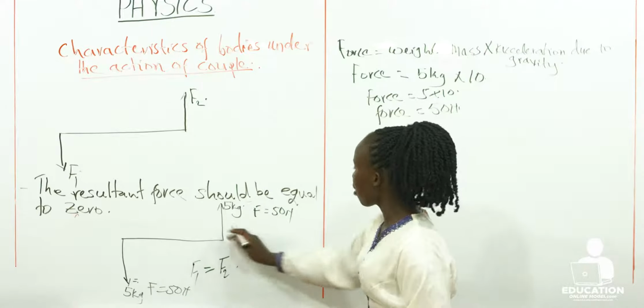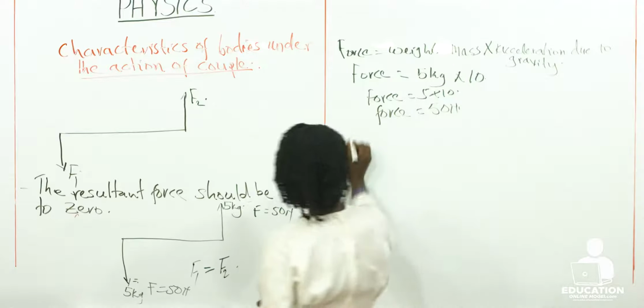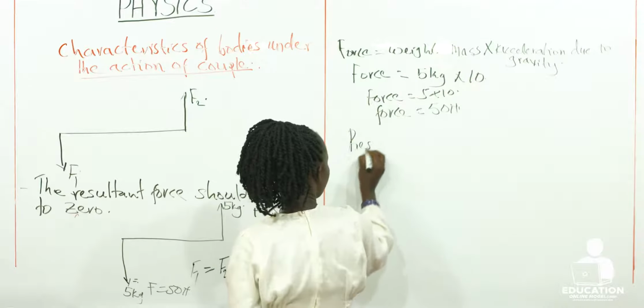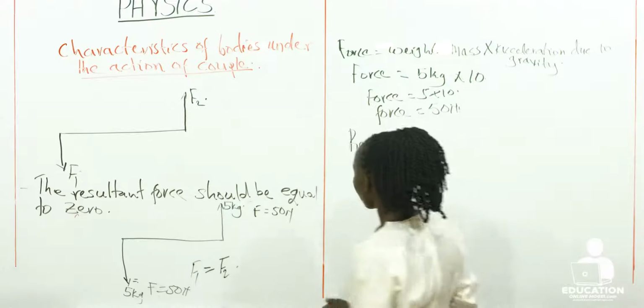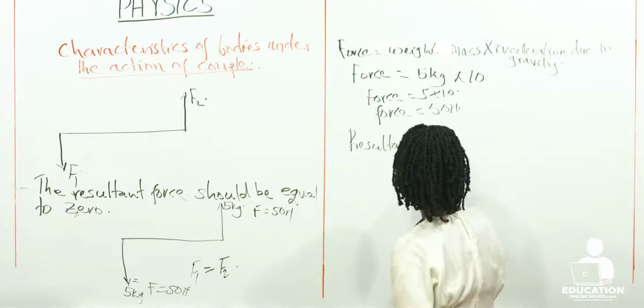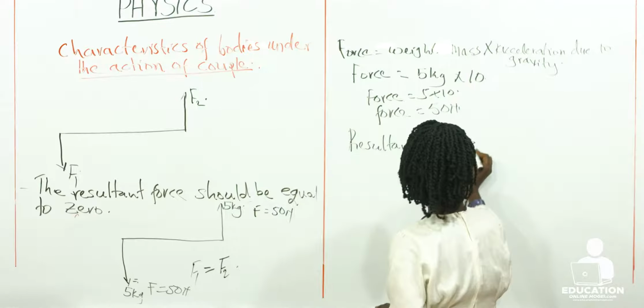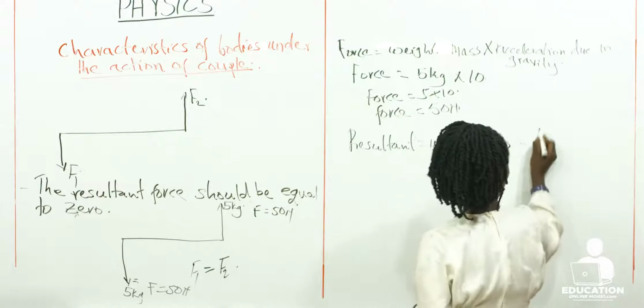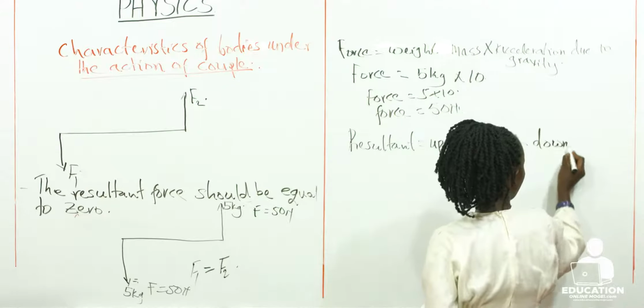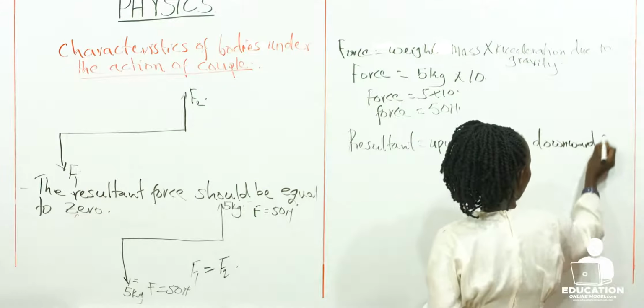That means when you want to get the resultant, it will be equal to the upward forces minus the downward forces.